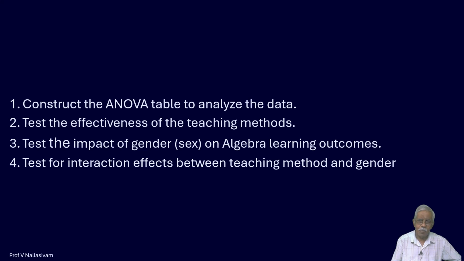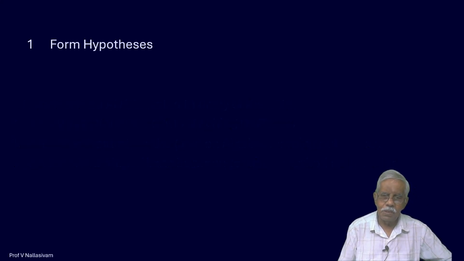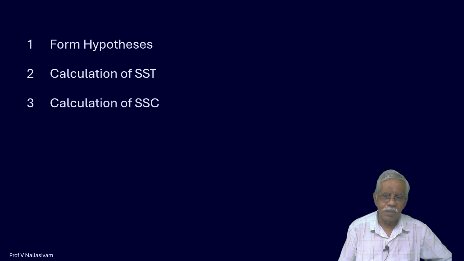In solving this problem, we are going to follow these steps. 1. Form hypothesis. 2. Calculation of SST, that is sum of square of total variation. 3. Calculation of sum of square of column variation. 4. Calculation of sum of square of row variation. 5.